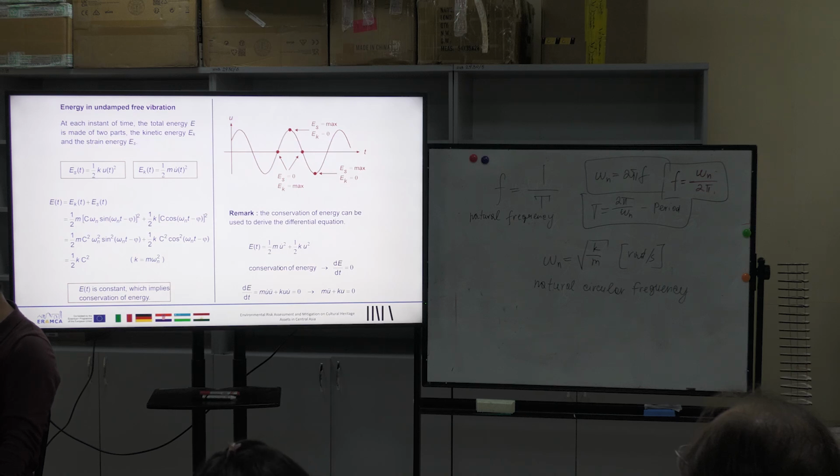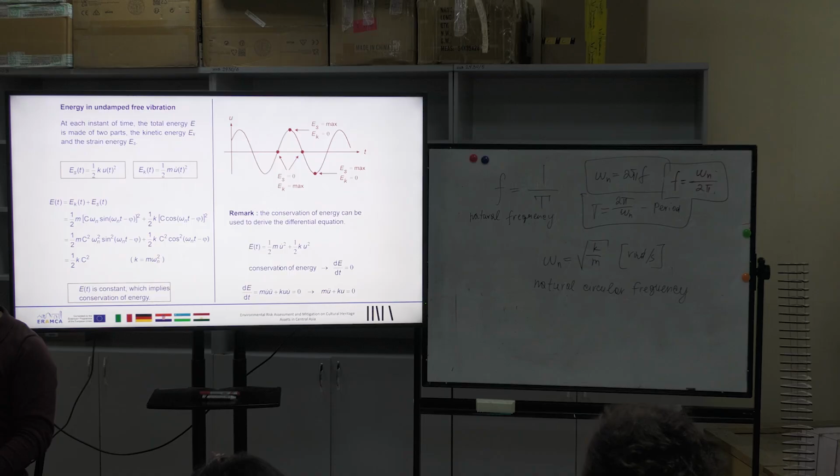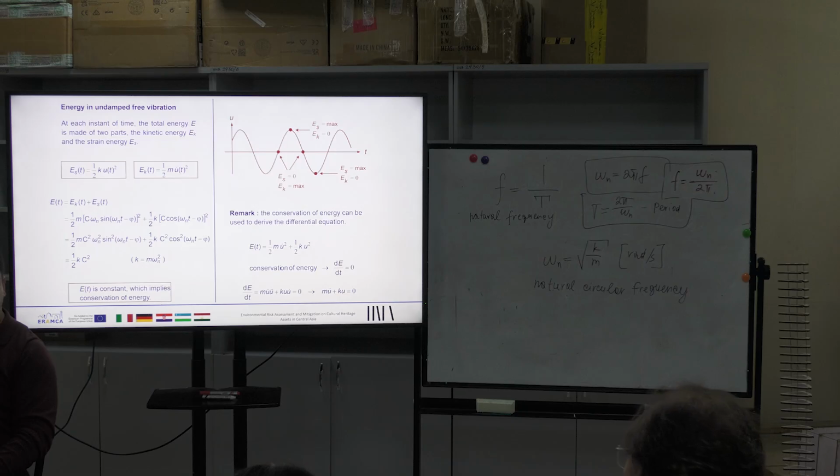Okay. Energy in undamped free vibration. Now in our case, we have two types of energy. One is kinetic energy. The second one is strain energy, or in another case we can say potential energy.